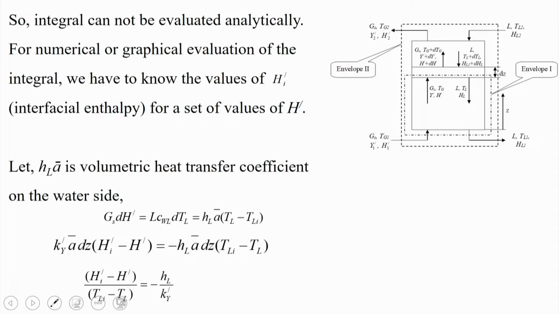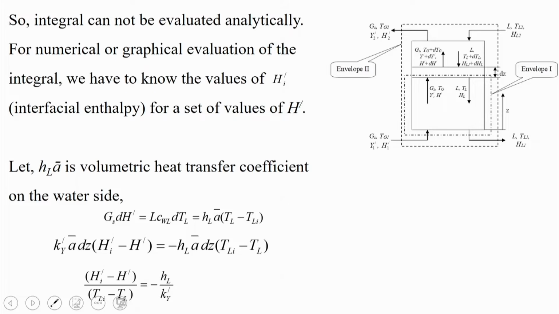So, let h_L a-bar be the volumetric heat transfer coefficient on the water side. Then G_s into dh' will be equal to L into C_WL into dT_L, that is h_L into a-bar into (T_L minus T_Li). From there, k_y' into a-bar into dz into (h_i' minus h') is equal to minus h_L into a-bar into dz into (T_Li minus T_L).